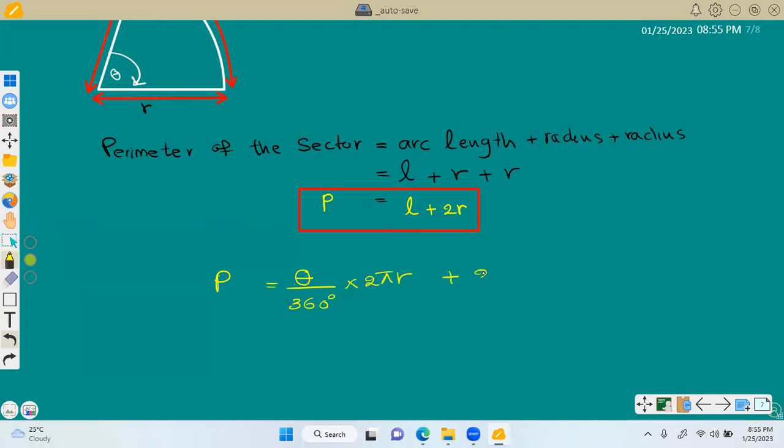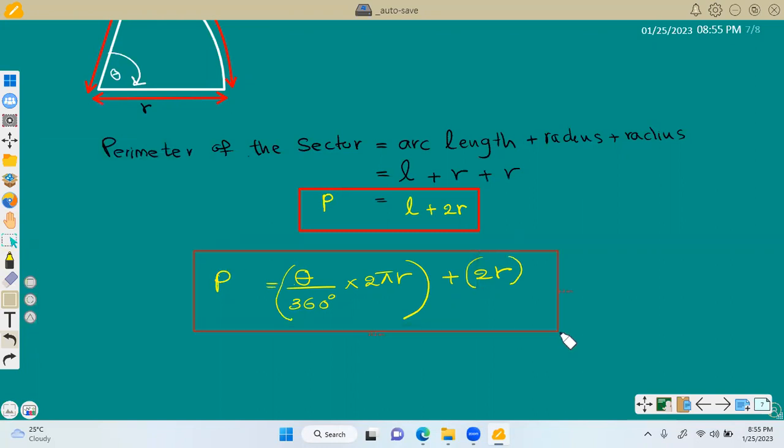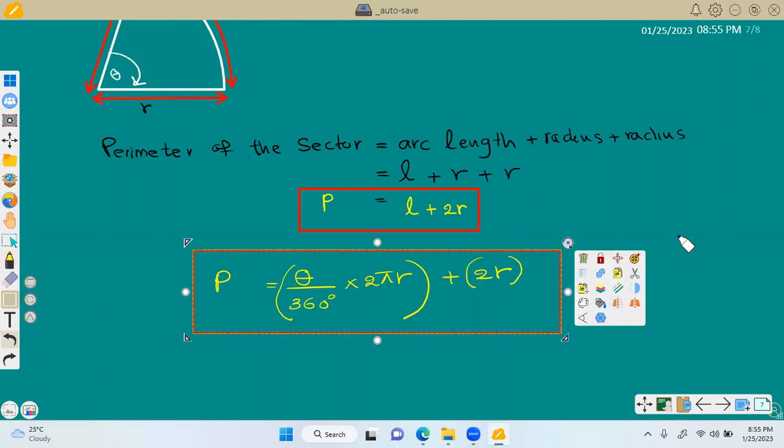And next we add this 2R. Okay, actually these two are two separate terms. Arc length, this is the length of two radii. Okay. You can write down this one also.